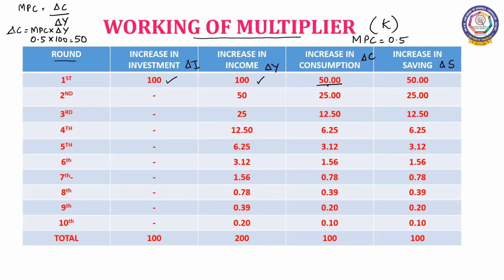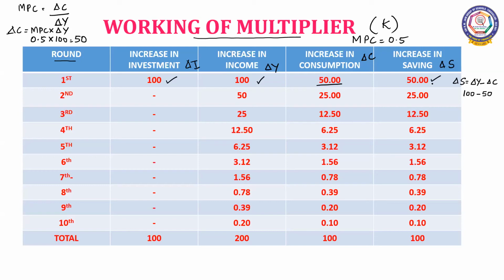And you know that this increase in income is divided into increase in consumption and the remaining is saved. So delta S is delta Y minus delta C. Delta Y is 100 minus delta C is 50. So savings is 50.